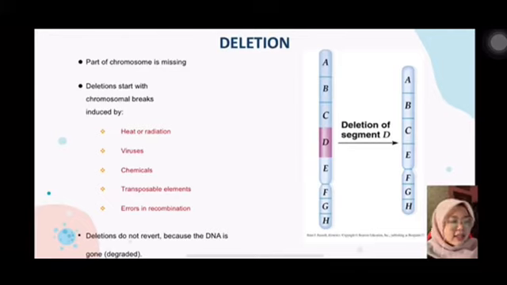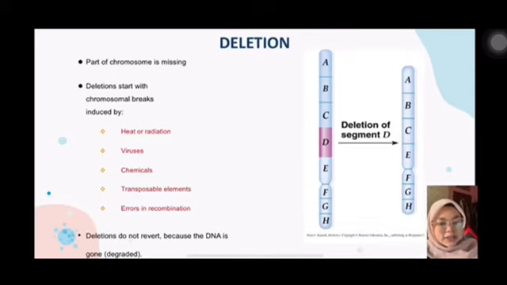Deletion is a chromosomal mutation in which a part of a chromosome is missing or deleted. Since a segment of the chromosome is missing, deletion mutations cannot be reverted to the wild type. Deletions start with chromosomal breaks induced by heat or radiation, viruses, chemicals, transposable elements, and errors in recombination.